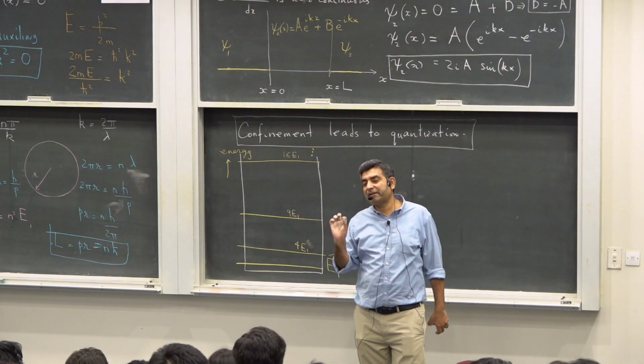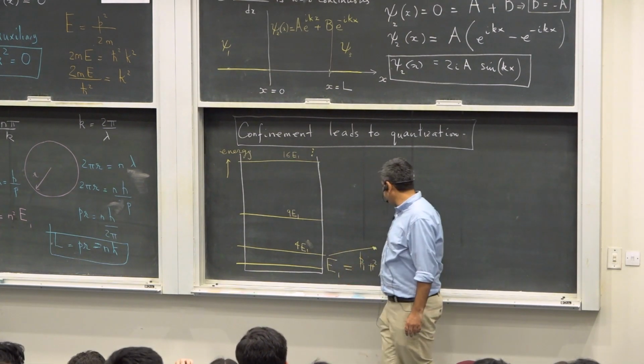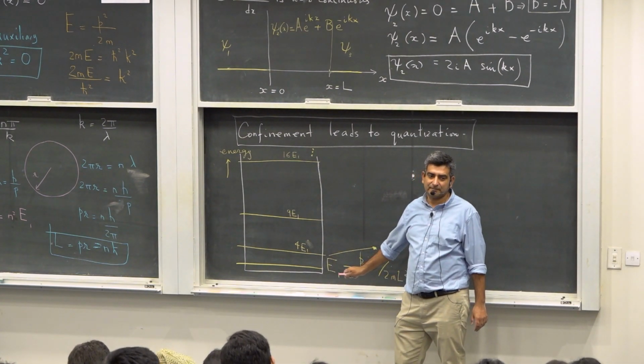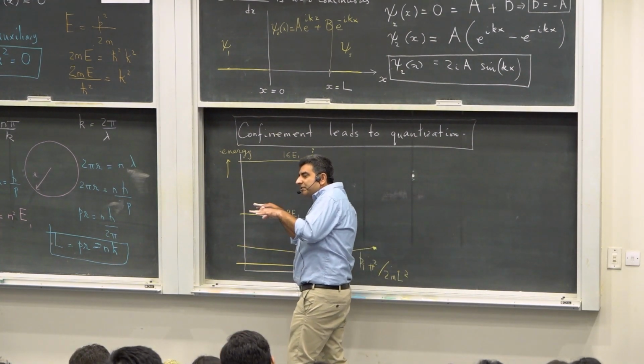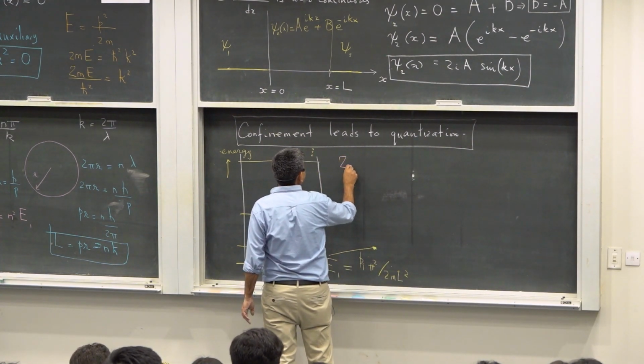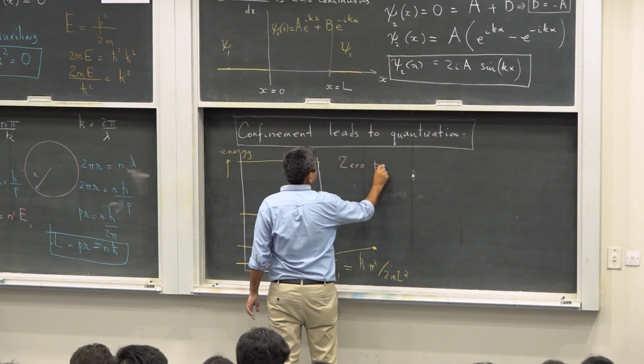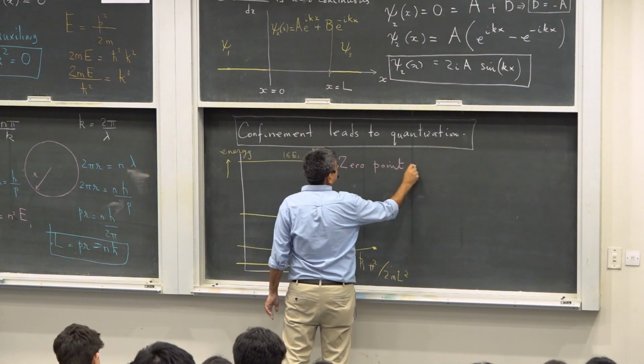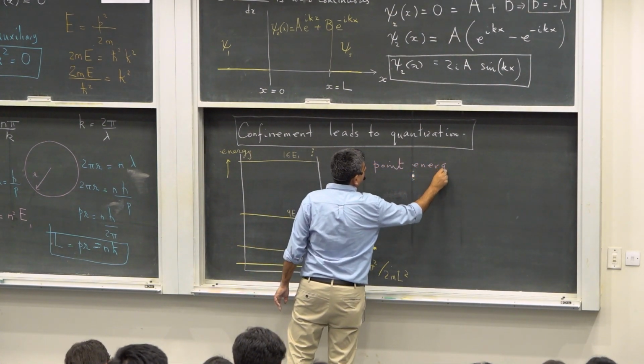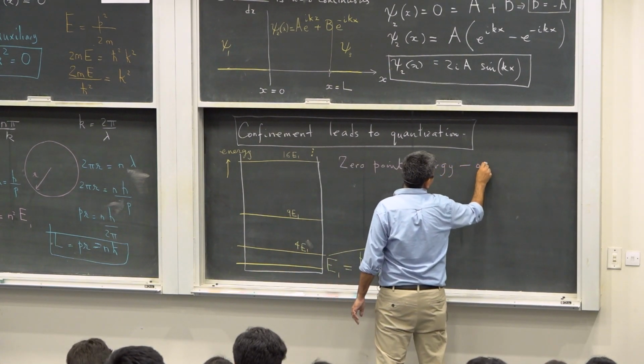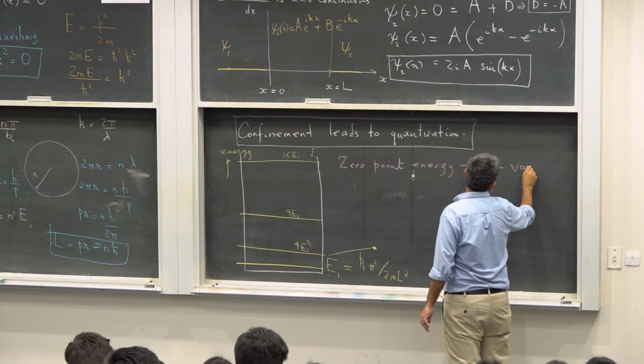So the minimum energy it can have is this E1. Sometimes this minimum energy is called the zero point energy or the vacuum energy.